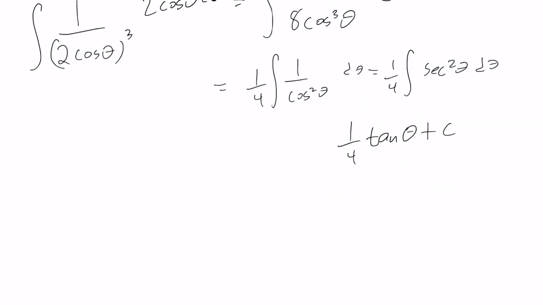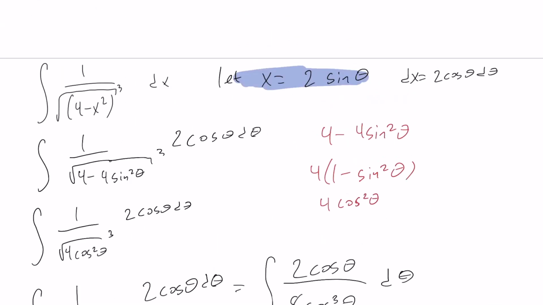So what does that mean? Here's my angle theta. If I double the sine of theta, I'm going to get x. Another way to write that, perhaps a little bit easier, is x over 2 equals sine theta.